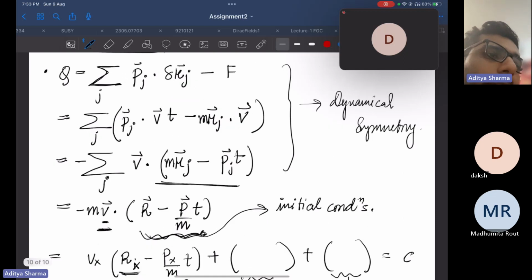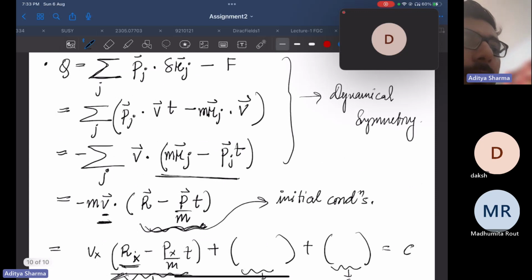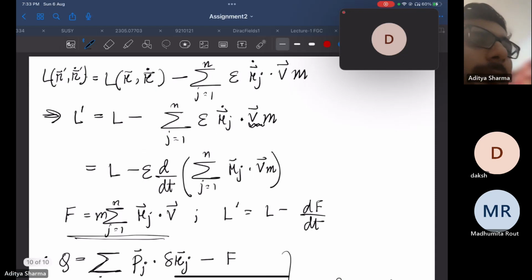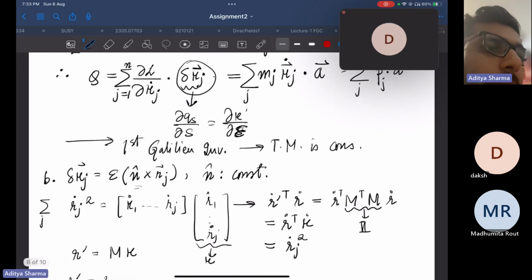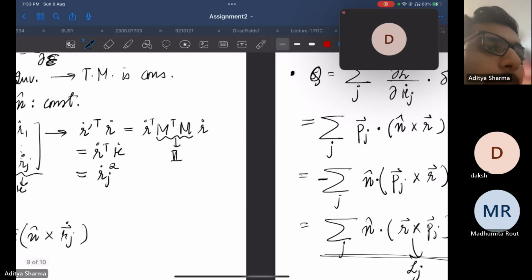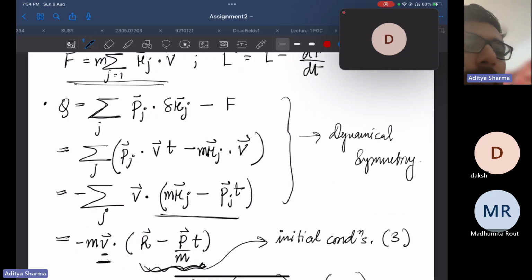Now you've got here three initial conditions, for example. You found energy, and you found the total momentum as well as angular momentum as other constants of motion.